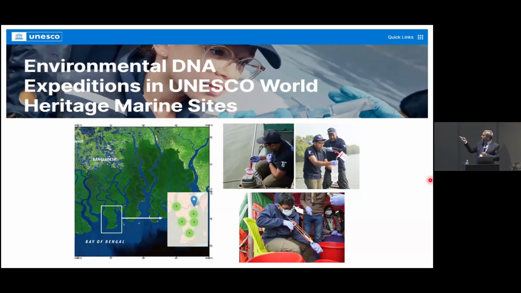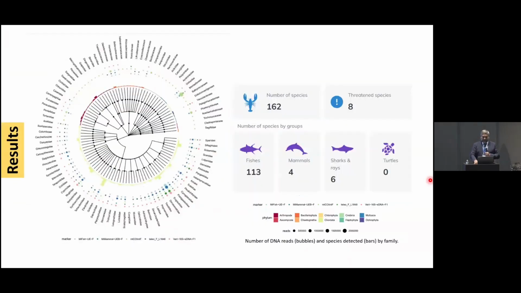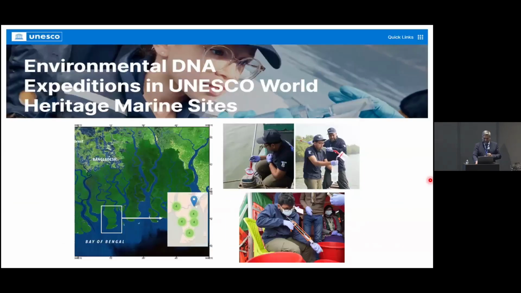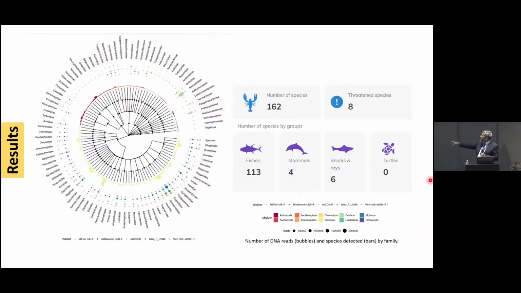So I worked with UNESCO. This is the sampling spots, 5 spots from the middle of the wildlife sanctuary. I collected eDNA from the 5 spots. Then we found almost 113 fishes, 4 mammals, 6 sharks and rays, and others.